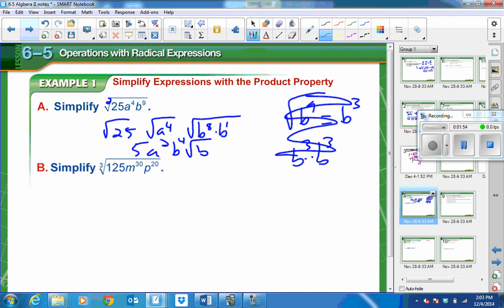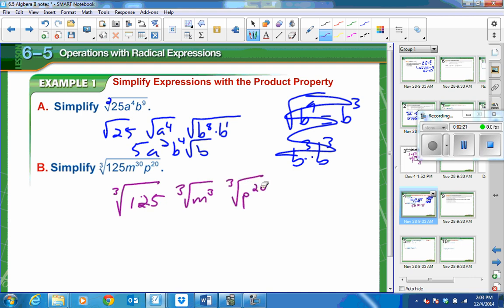So moving on to section 6.5, I believe we got through this slide today, but we're going to take the cube root of 125 m to the 30th p to the 20th. So we're doing the cube root. If I rewrite 125, we're going to break this apart. We're going to do the cube root of 125, and then we're going to do times the cube root of m to the 30th, and the cube root of p to the 20th.